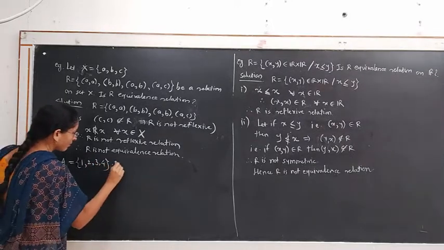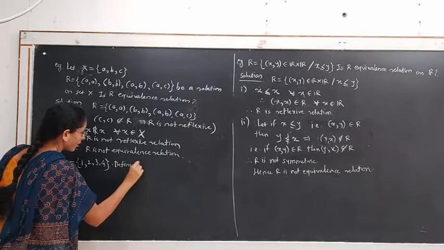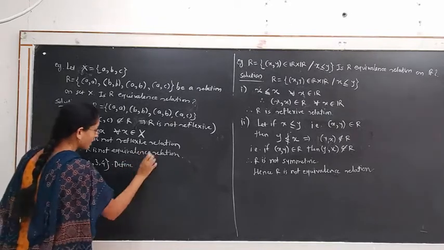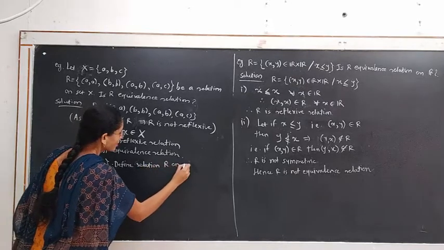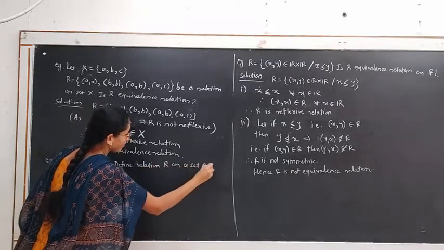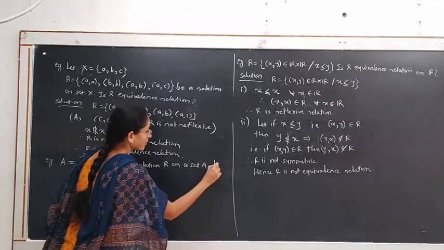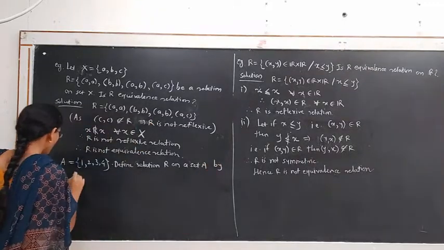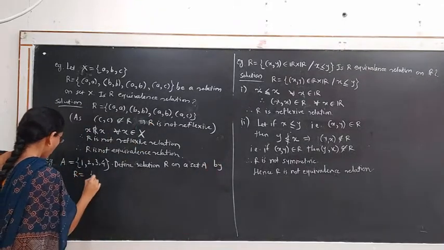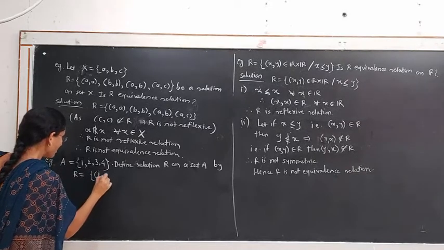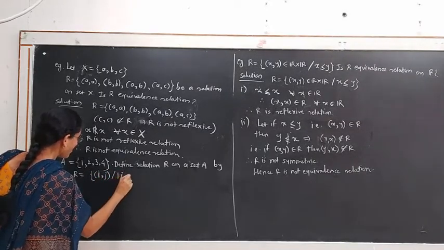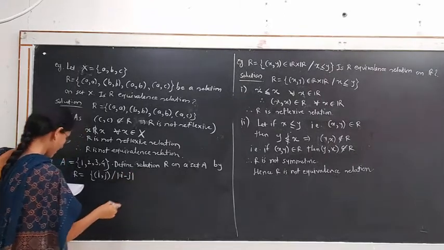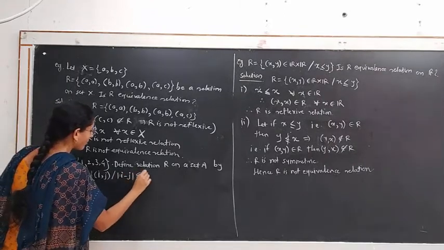Define relation R on a set A by R equal to the ordered pair (i, j) where mod of i minus j is less than or equal to 2.